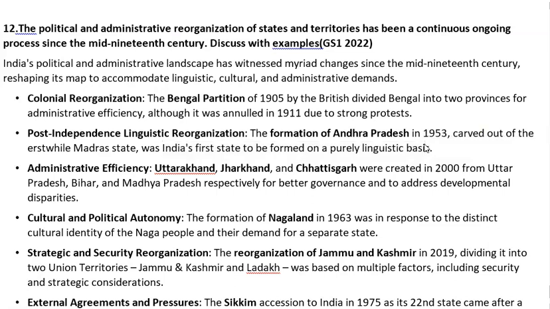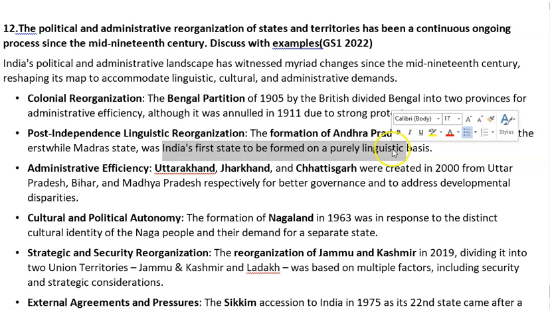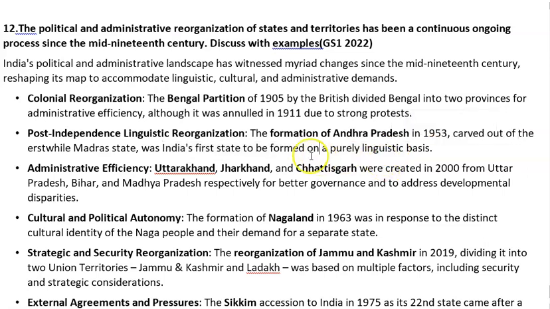So this is how we extend the points. We know that it was for Andhra Pradesh, but without stopping there, just write that it became the first state to be formed on a purely linguistic basis. So while the formation of linguistic based states is going on, the people started demanding new states for administrative efficiency purposes, and for better governance purposes.